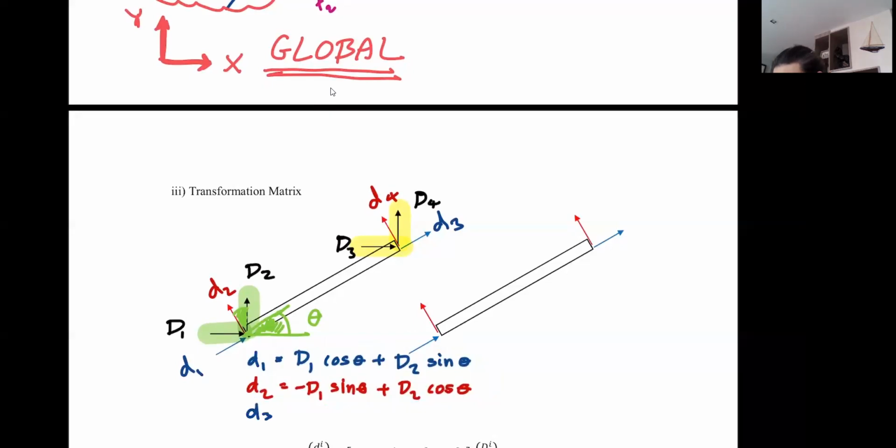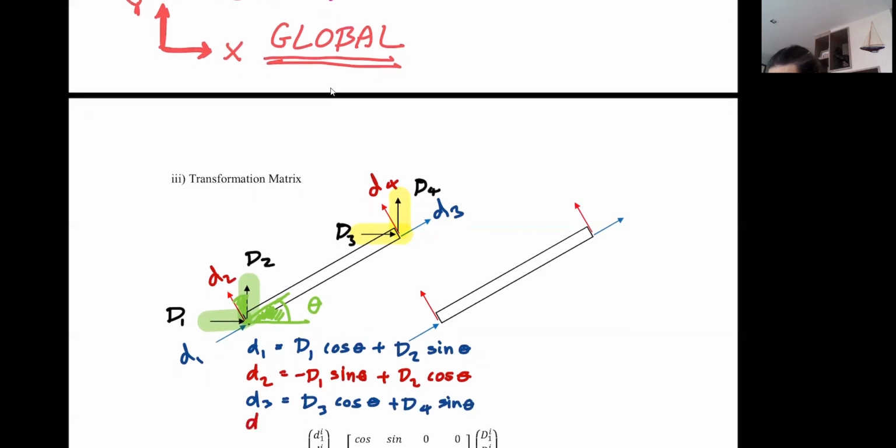D3 in similar fashion is going to be equal to capital D3 cosine theta, correct? And plus D4 sine theta, and then the D4. Oops, running out of space now. It's going to be minus D3 sine theta plus D4 cosine theta.